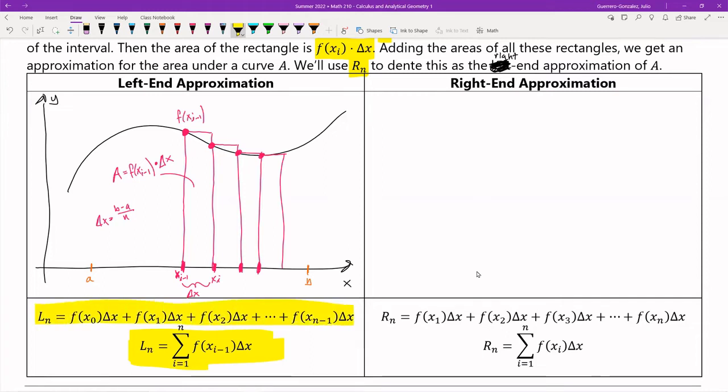So notice what happens here. If we start this process, then f of x naught, the very first box, is going to be over the value a here. That's going to be a, and it's going to be the next box over, the next box over, and it's going to end at n minus 1, so the one right before b. So let me draw that in.